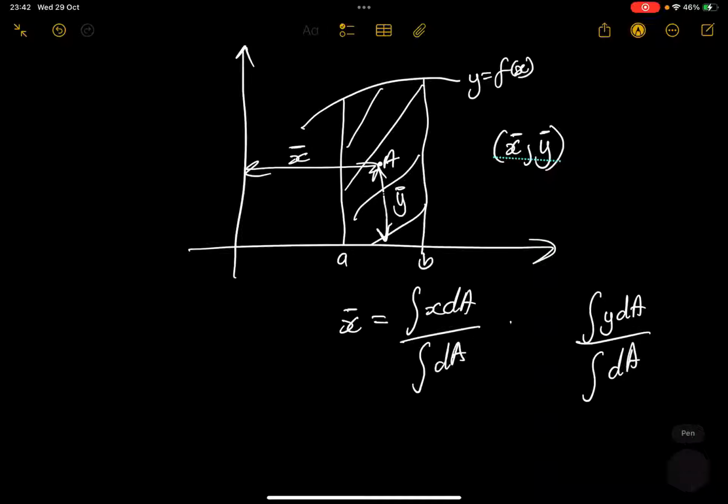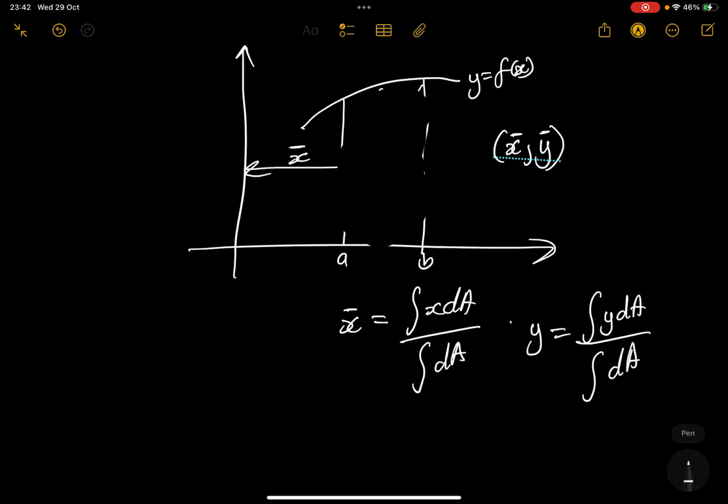Let me clear this graph and use the same graph. I'm going to take a small increment of the area that I'm going to call dA, with the width that I'm going to call dx, and a height of y.